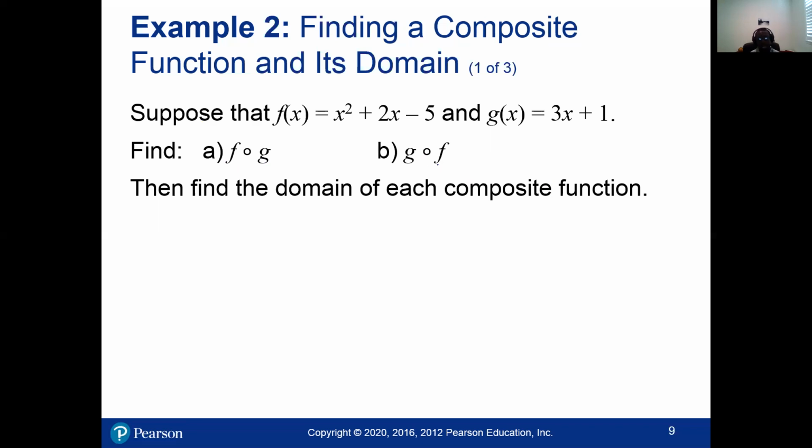Okay. Now, don't think that this is multiplying. Okay. f of g is not the same as f times g. Okay. And then g of f.